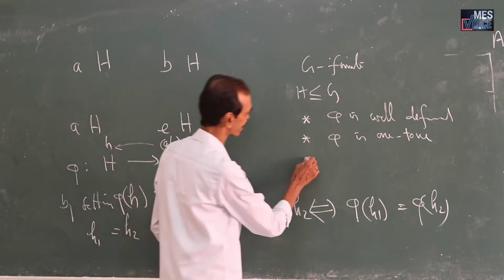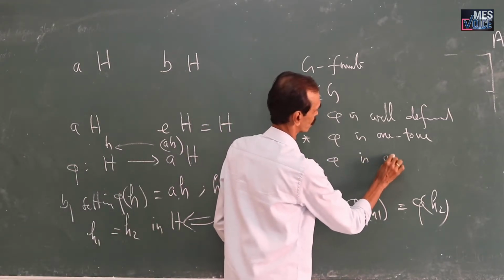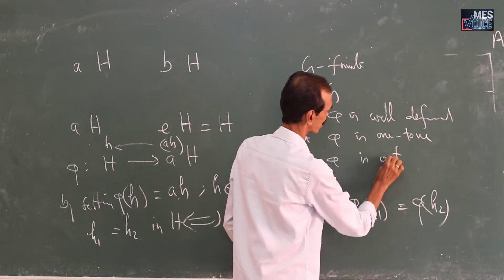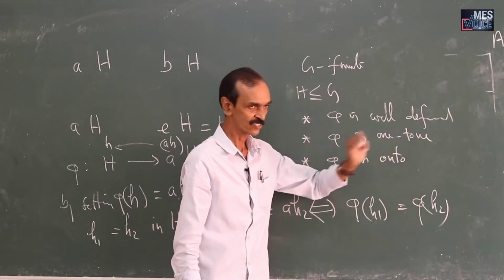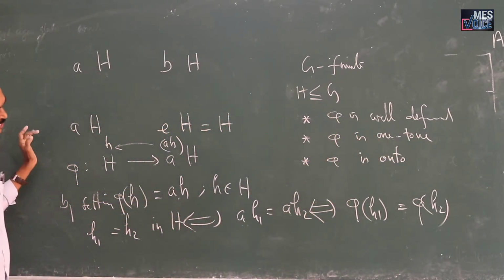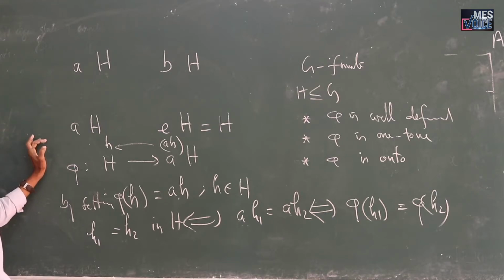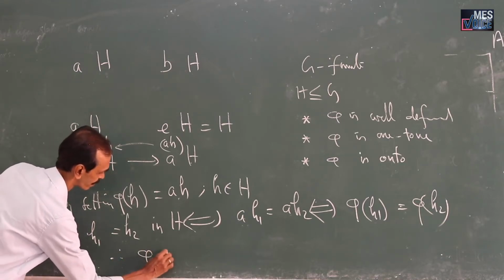So, the function is necessarily onto. So, the function is well defined, 1 to 1, and onto. Since phi is 1 to 1 and onto, it must be a bijection.